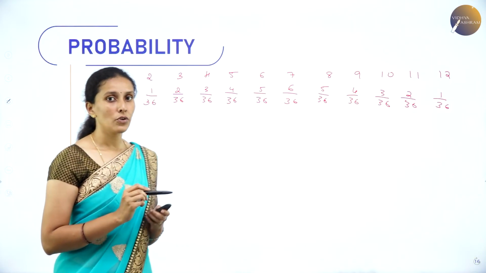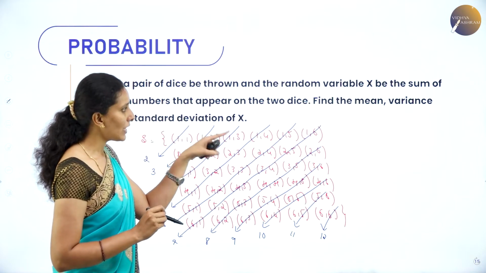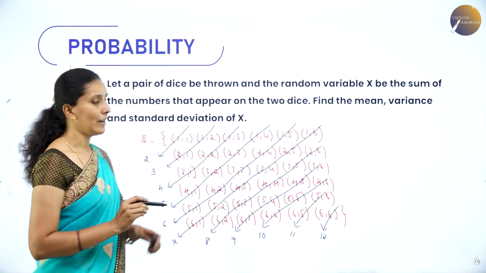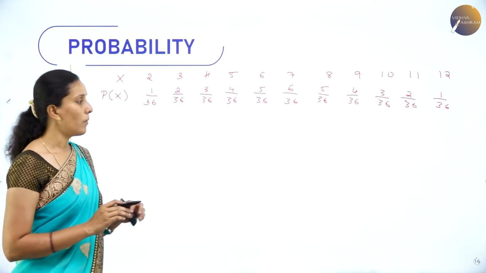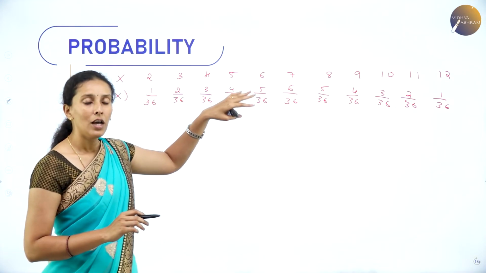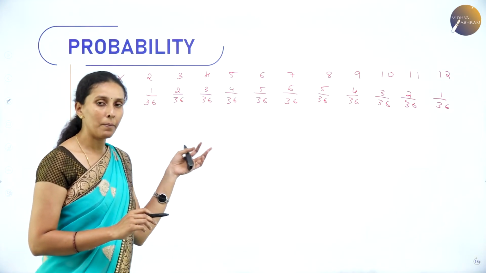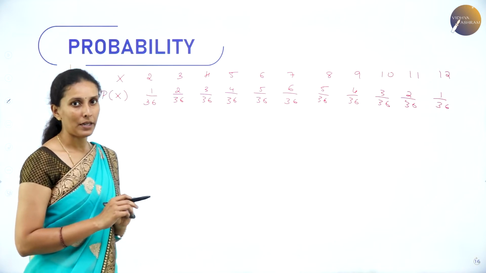Now I need to calculate the mean, variance and standard deviation. To find the mean, we know that it is the sum of the product of the corresponding random variable with its probability value.